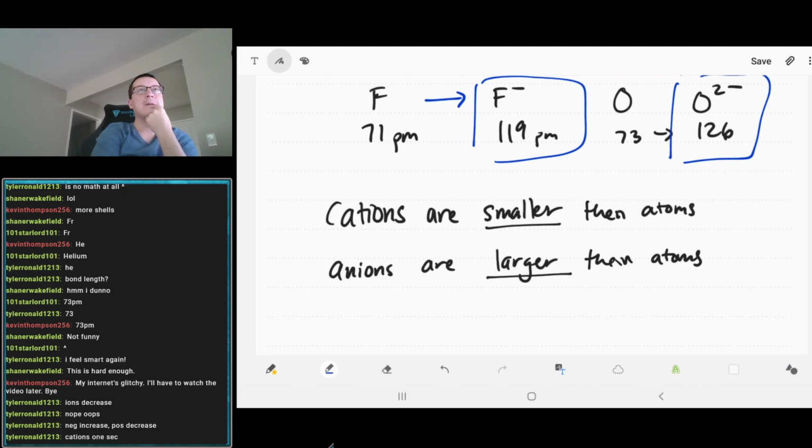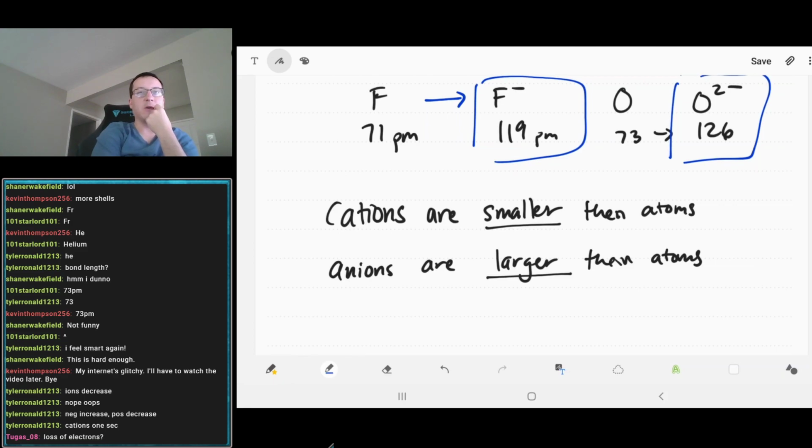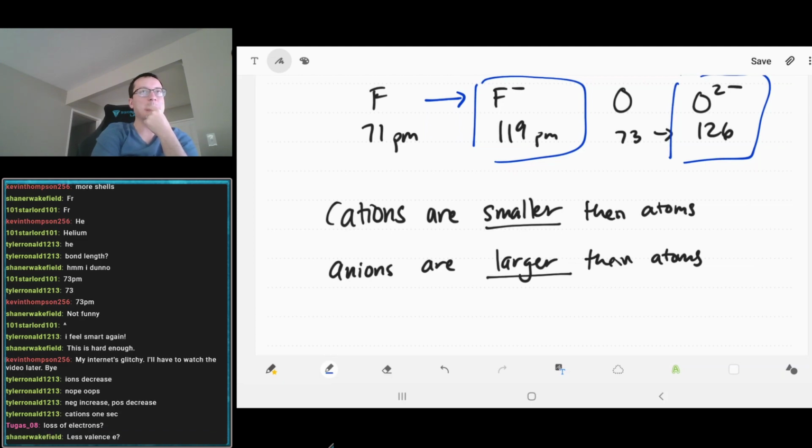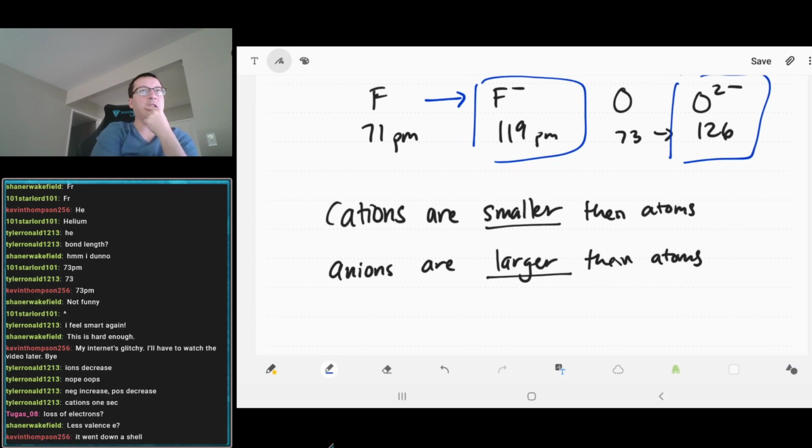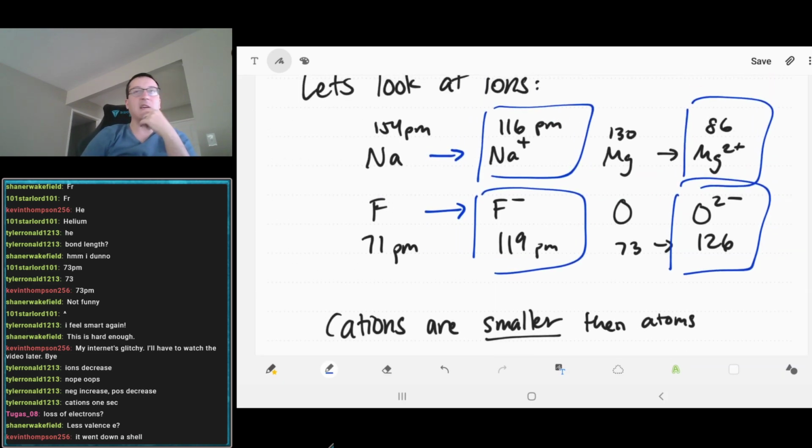Okay. Yeah, there's definitely loss of electrons going on. Kevin, I think, has the one that I was going for. Yeah, we've basically gotten rid of our shell, right? Sodium used to have an n equals 3 shell. We've completely gotten rid of it.